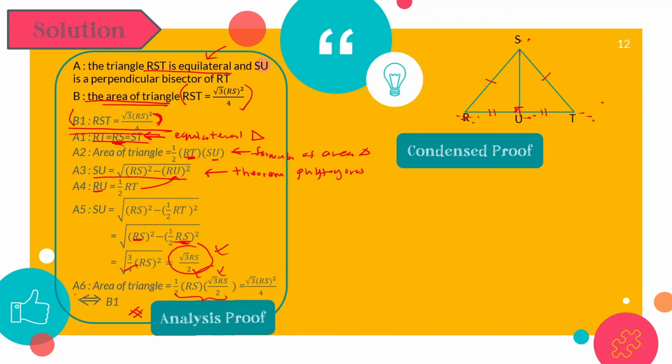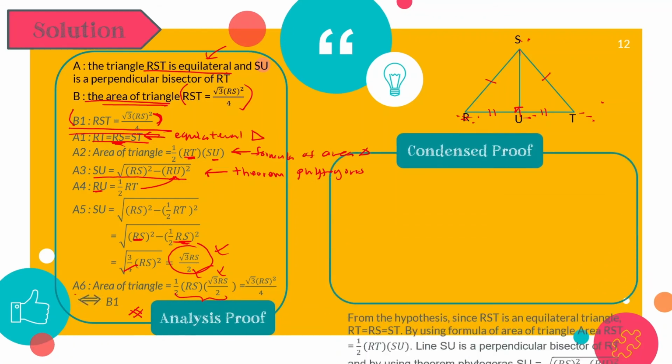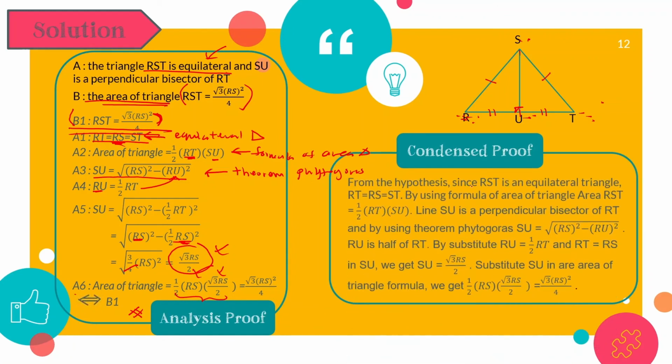So what is the condensed proof? You can read it here. From the hypothesis, since RST is an equilateral triangle, RT equal to RS equal to ST. By using the formula of area of triangle, area RST is equal to 1 over 2 RT times SU. Line SU is a perpendicular bisector of RT, and by using the theorem of Pythagoras, SU is equal to the square root of RS squared minus RU squared.